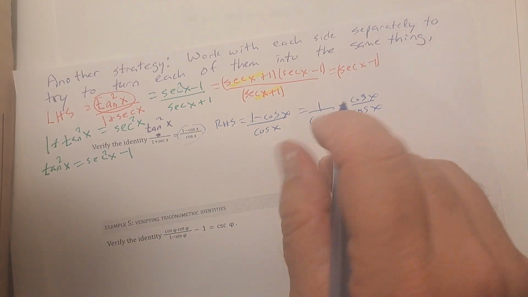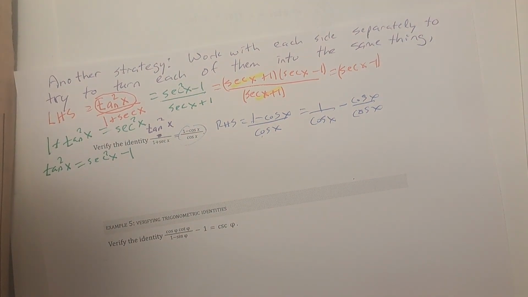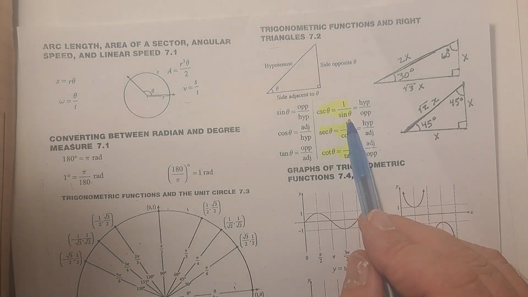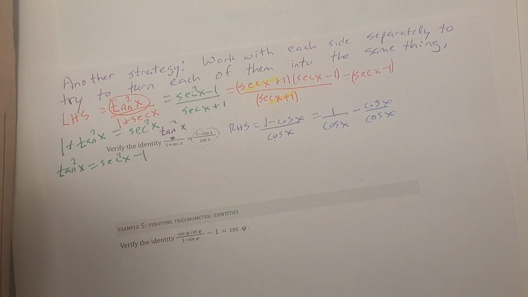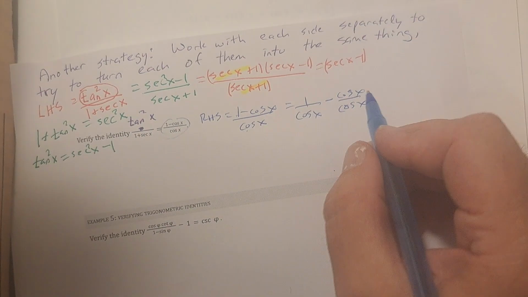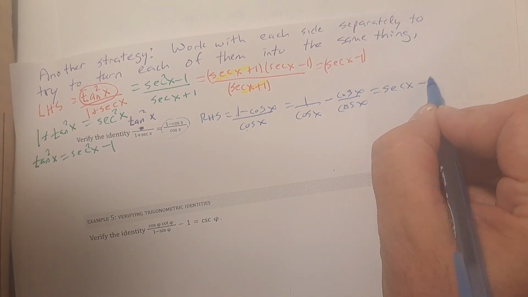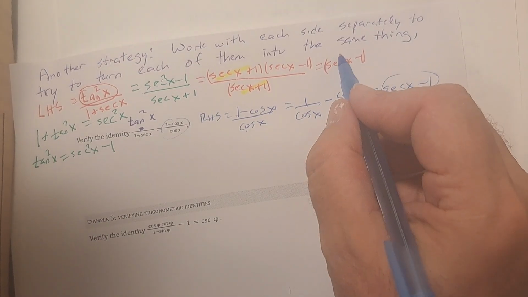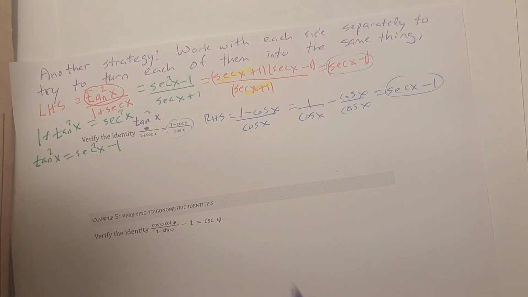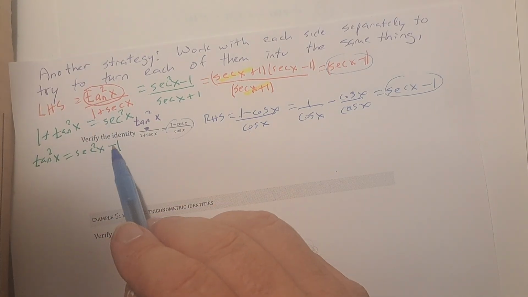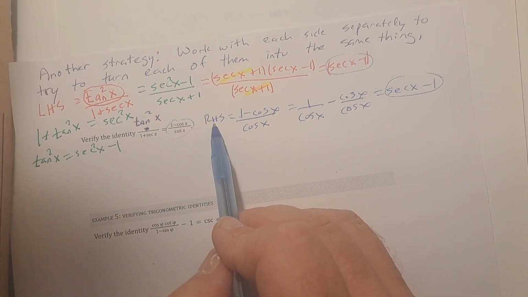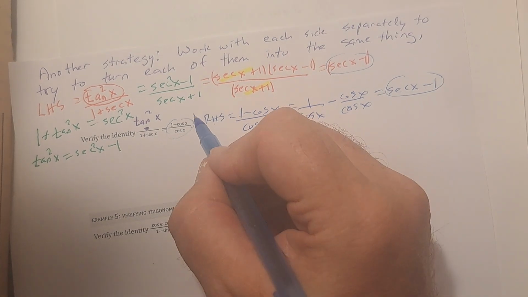But 1 over cosine, that is secant. 1 over cosine is secant. So this is just secant x minus 1. So these turned into the same thing. So the left-hand side equals the right-hand side, and we verified the identity.